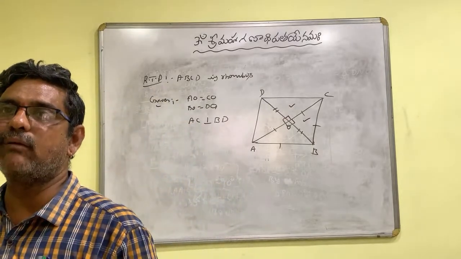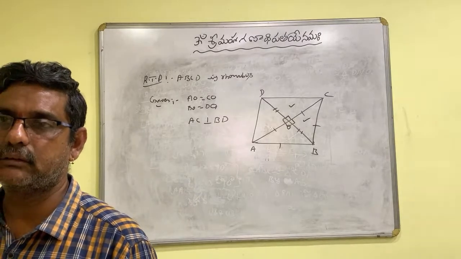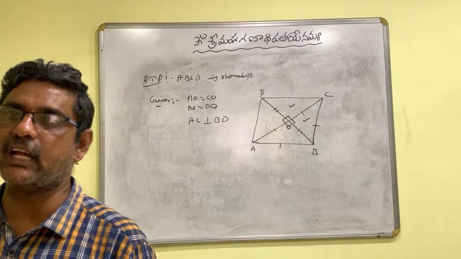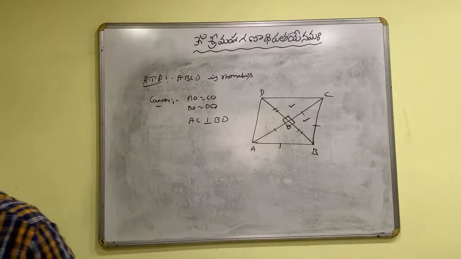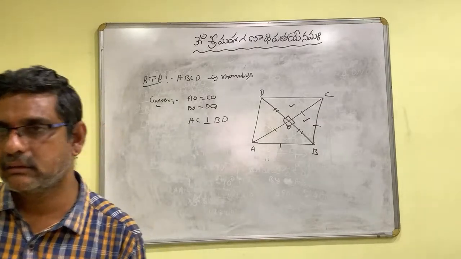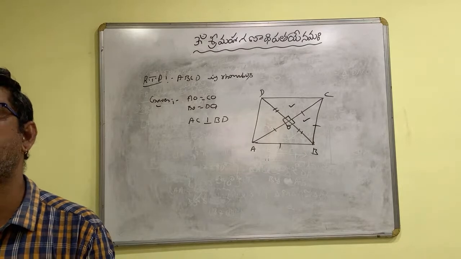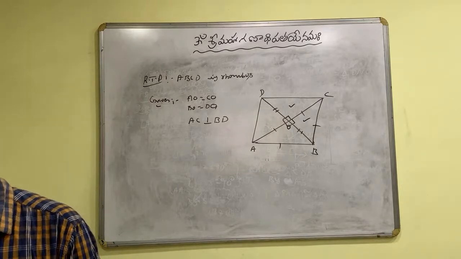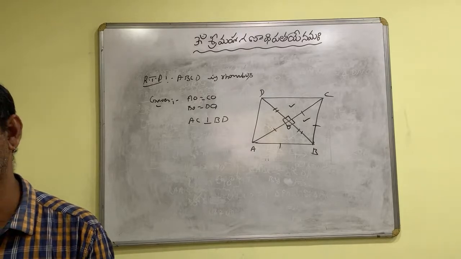BO is equal to DO, CO is the common side, and 90 degrees is also there. So by SAS, triangles BOC and DOC are congruent.